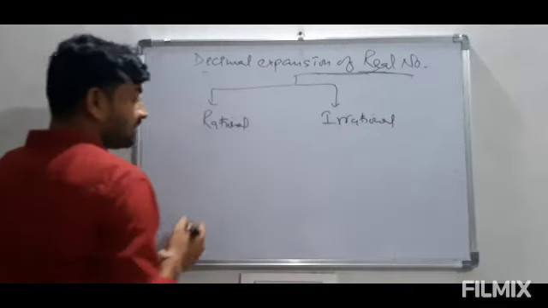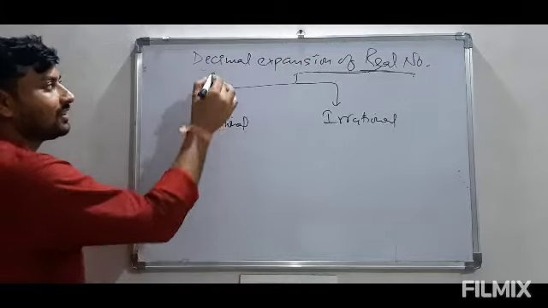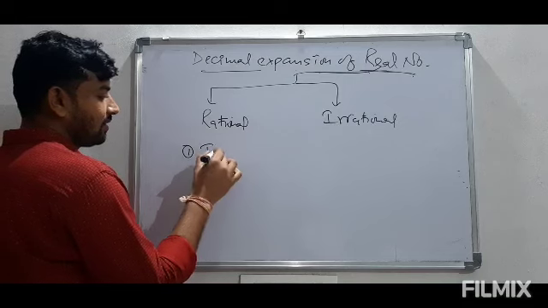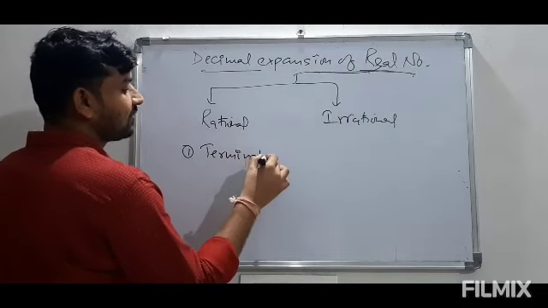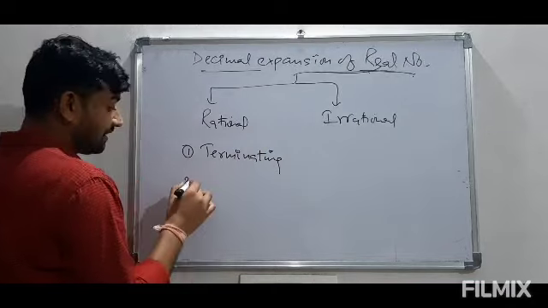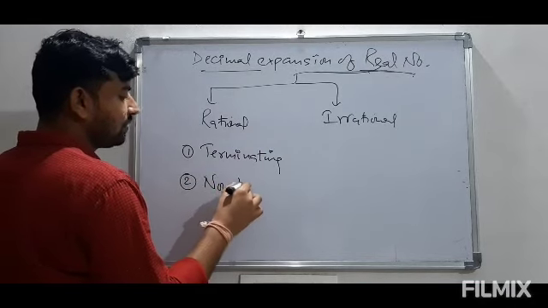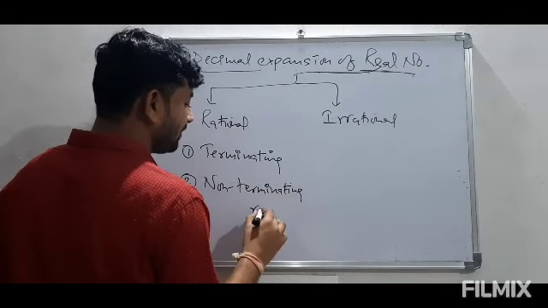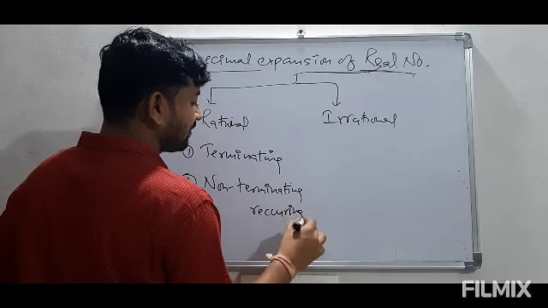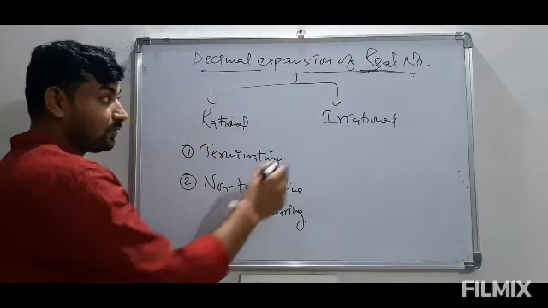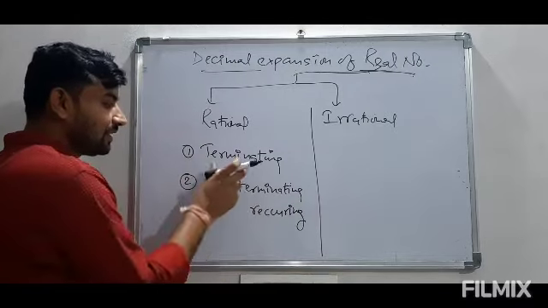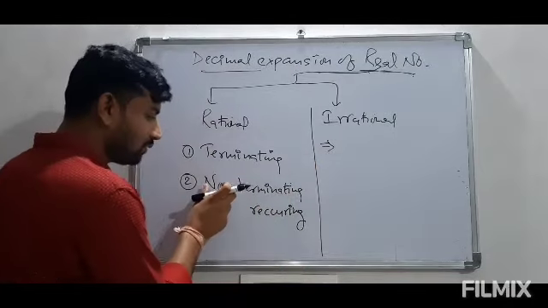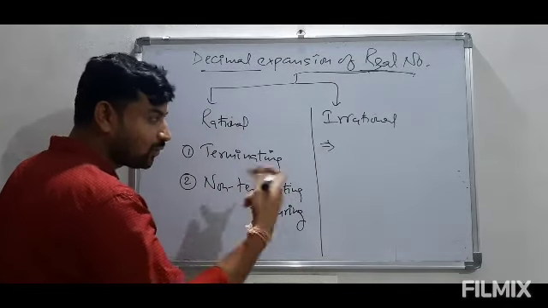As far as rational numbers are concerned, the decimal expansion is of two types. First, it is terminating type. Second is non-terminating recurring, or we can call it repeating also. And irrational has only one type, that is non-terminating, and here also non-repeating.